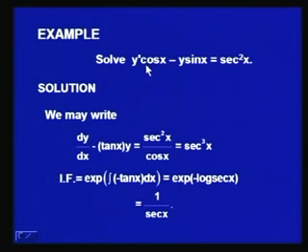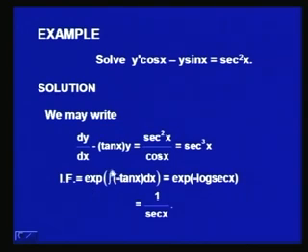Suppose we consider the differential equation y' cos x minus y sin x equal to sec squared x. Then we may write this differential equation as dy/dx minus tan x times y equal to sec squared x divided by cos x, which equals sec cubed x. We have to divide this differential equation by cos x to make the coefficient of dy/dx unity.